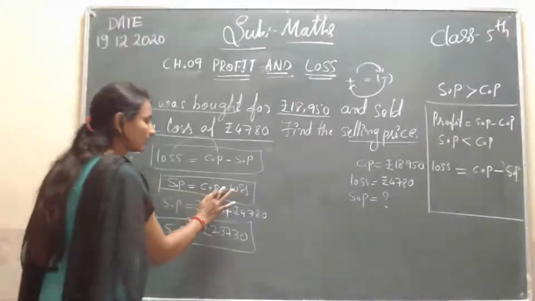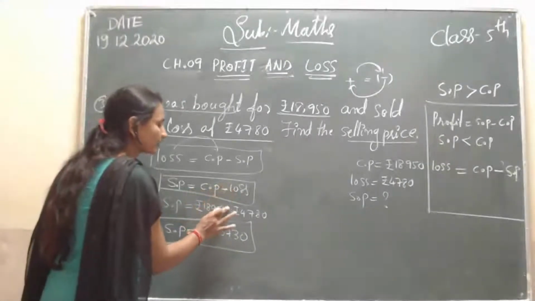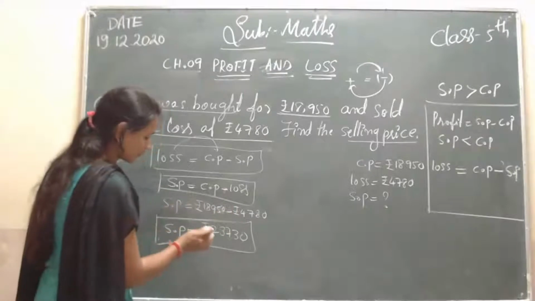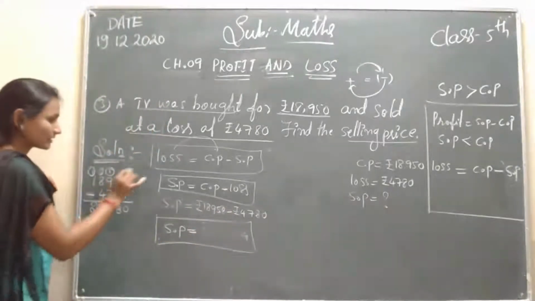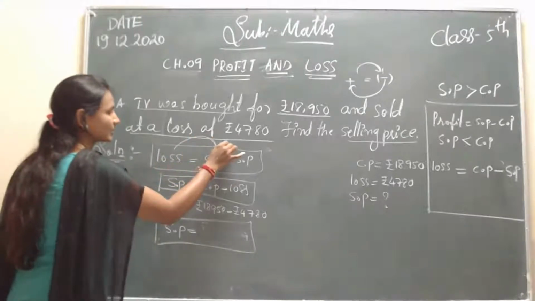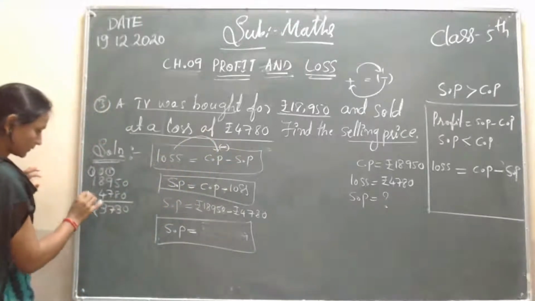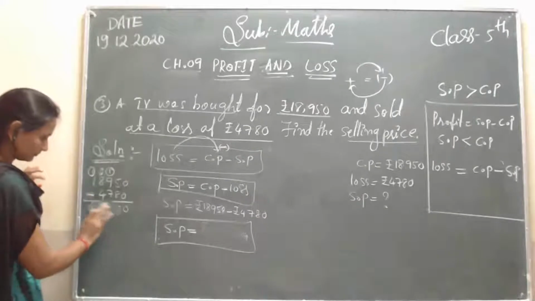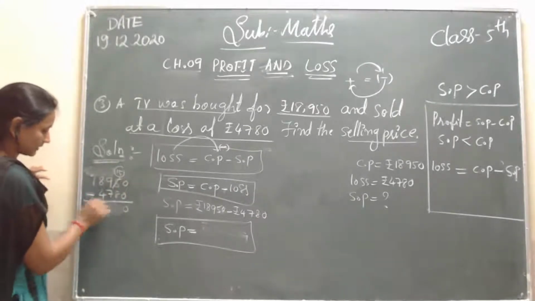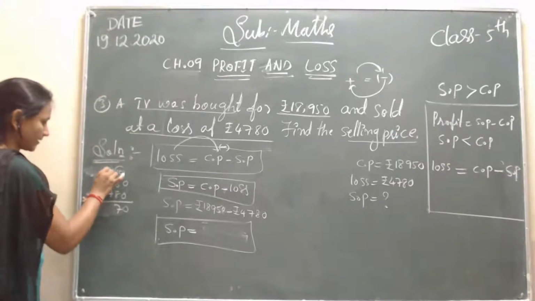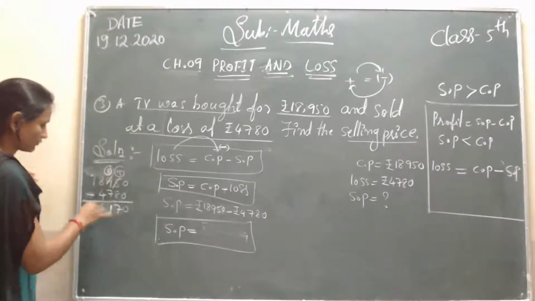Sorry students, your sign will be changed here. Do not write plus here, it should be minus. You have to subtract, because when a term crosses the equals sign, the sign changes. So 15 minus 8, that is 7, and so on.